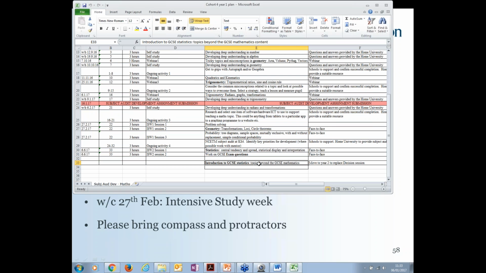Oh yes, I've moved that topic to year 2 because this problem solving one is a bit generic, and I didn't do that before. Before I did a GCSE statistics one, but I'll move that to next year, as Hugh has already done that one.